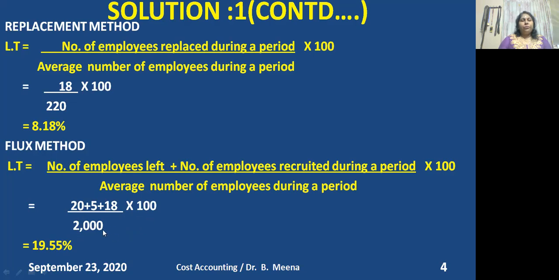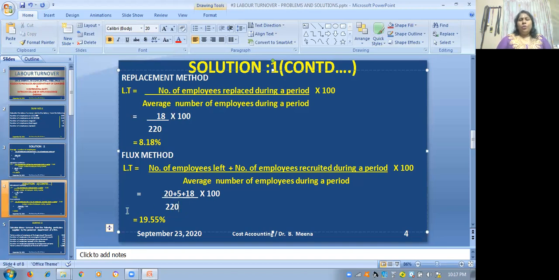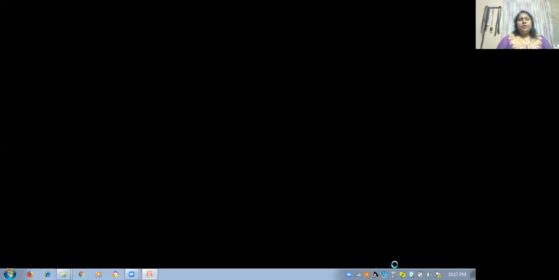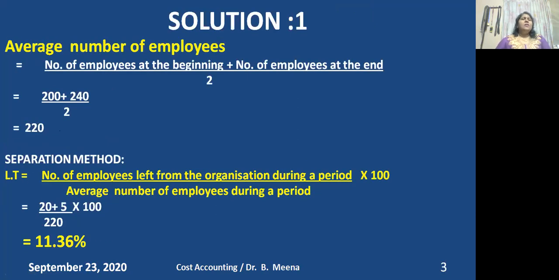Small mistake, I'll correct it: 220 will come here. So I will get the labor turnover rate as per this problem for the flux method as 19.55%.